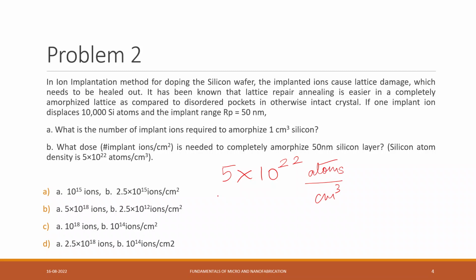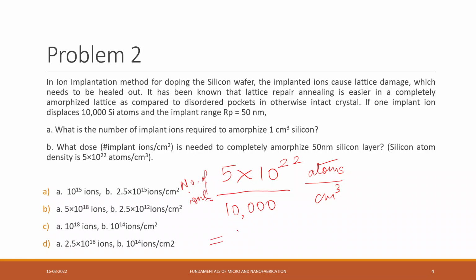Cool. So to displace it, we have to calculate the number of ions needed to displace the whole silicon in 1 cubic volume. 10,000 atoms are displaced by one implanted ion.